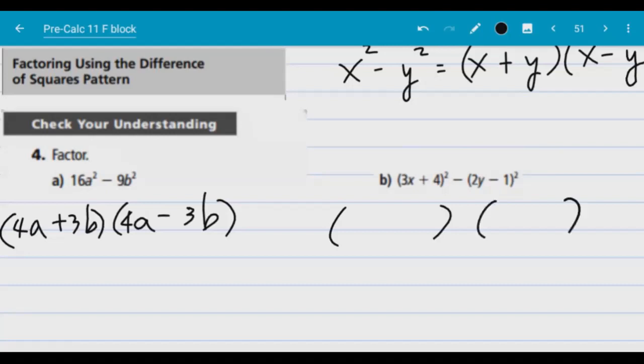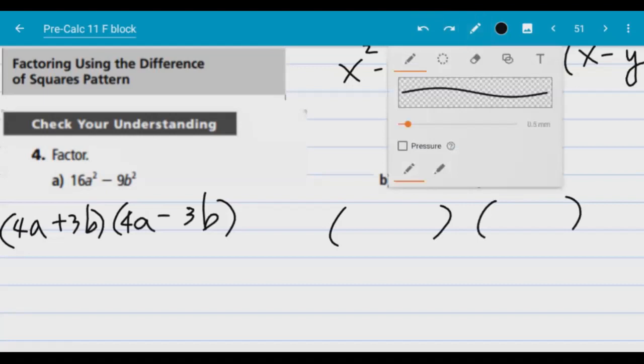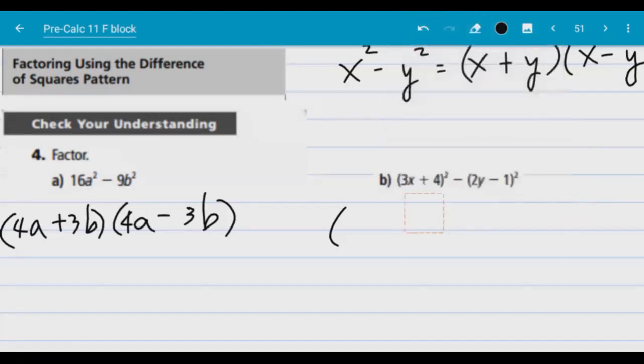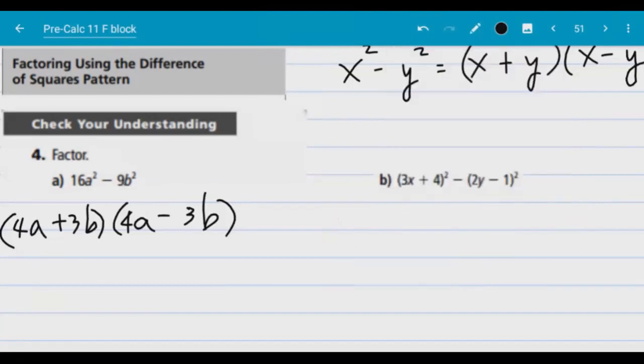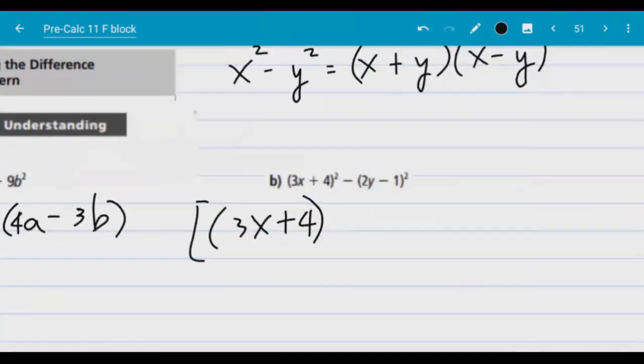So we have two binomials, all right? The first one would be the square root of 3x plus 4 squared, which is 3x plus 4, all right? So let me erase this because I think I'm going to need space, okay? The square root of 3x plus 4 squared is 3x plus 4. That will be my first term.